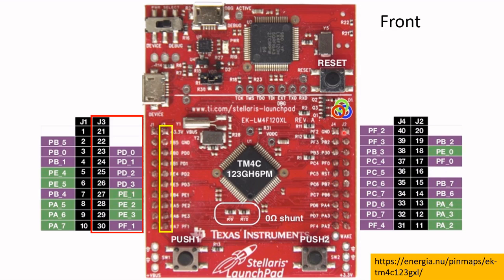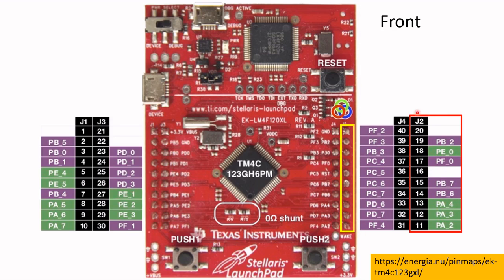On the other side, this side here, these are the J2 header pins. J2 pin 19 is connected to port B, bit 2 of the microcontroller. And then J2 pin 13 is connected to port A, bit 4 of the microcontroller.